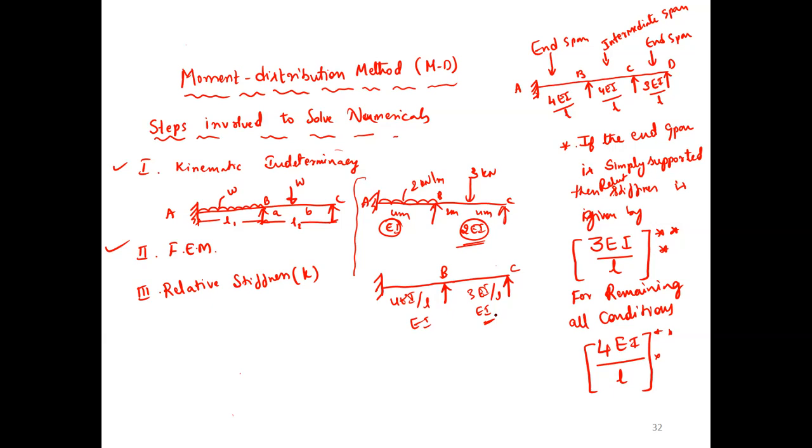Now I will give one problem, a simple thing. What is the stiffness of joint B? Stiffness is indicated by K. What is KB?